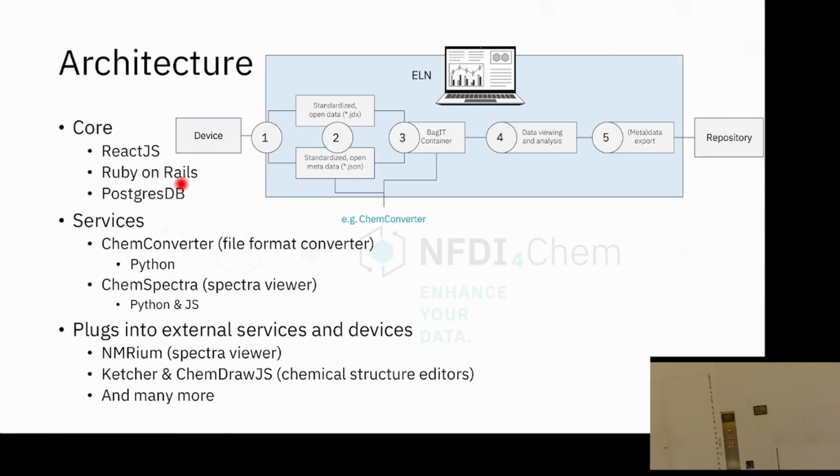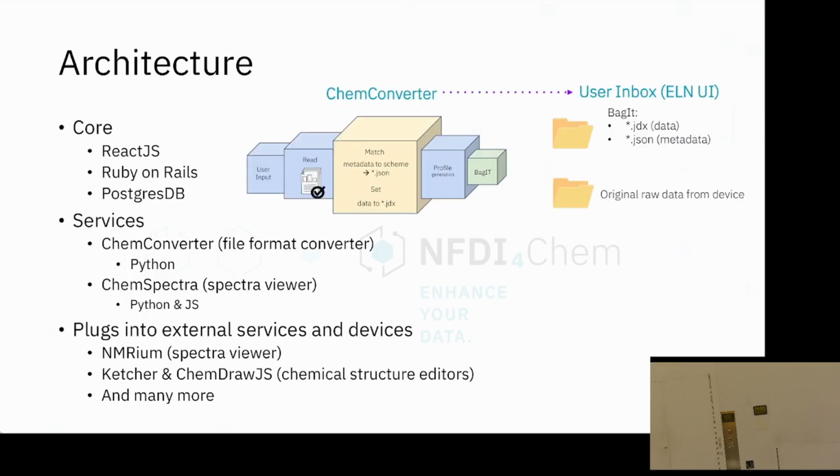So going from the device to the repository, we try to keep the entire tool chain through the interface of our ELN. For example, we have this service called ChemConverter that can convert your file and help you analyze and export the data, along with the metadata, which is very important, directly to the repository. And ChemConverter behind the scenes is an entire code base on its own.